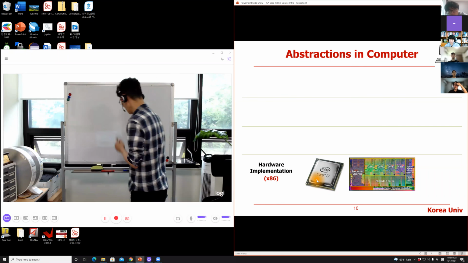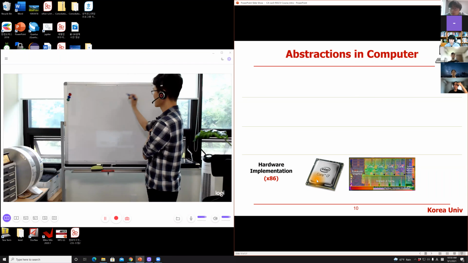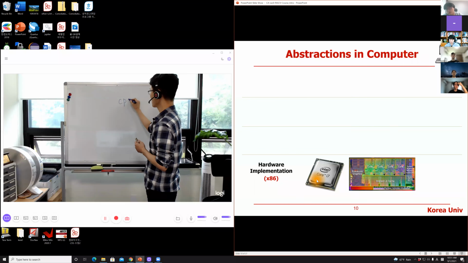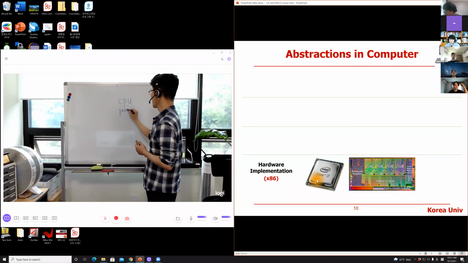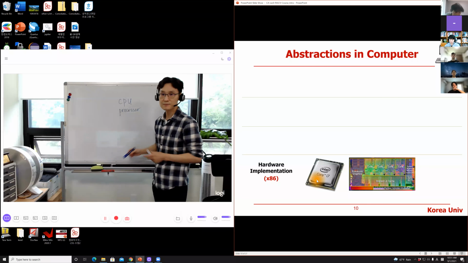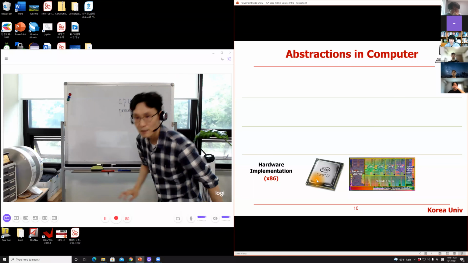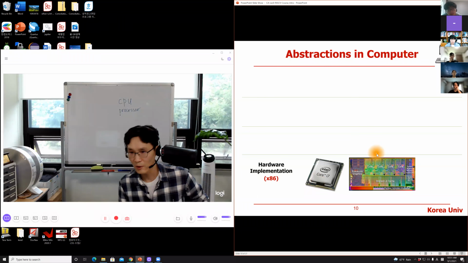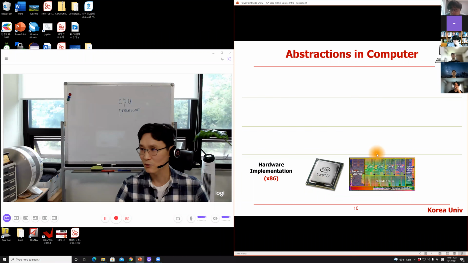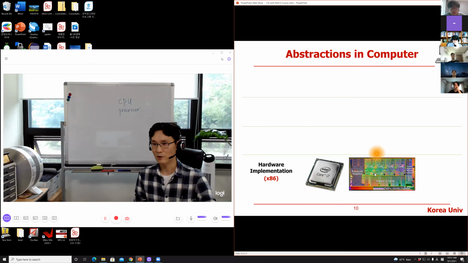The most important component is called the central processing unit, CPU, or some people say processor. And this is a super complicated hardware component, really very complicated.